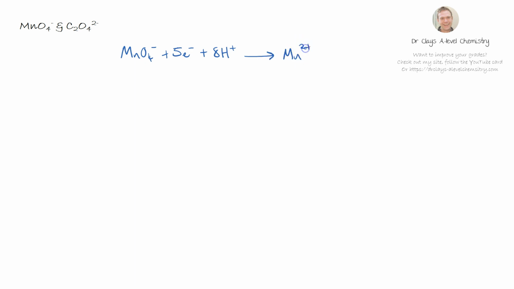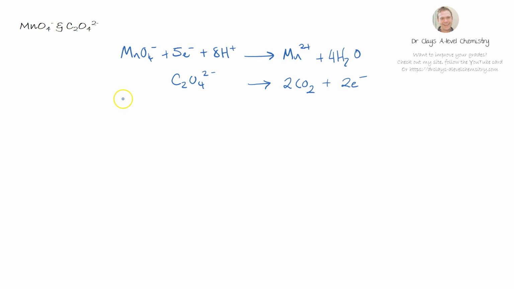Remember here, we're purple on the left hand side and colourless on the right hand side. And we've got 4 waters. Now ethane dioate here, which is C2O42-, is a species which is going to be oxidized, and that gets oxidized to 2 carbon dioxides, and we also have here 2 electrons.